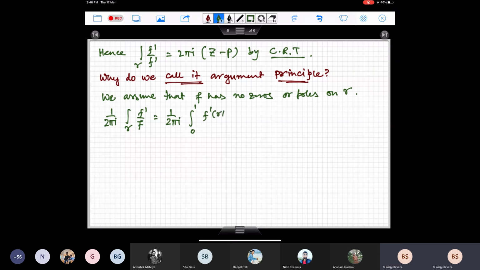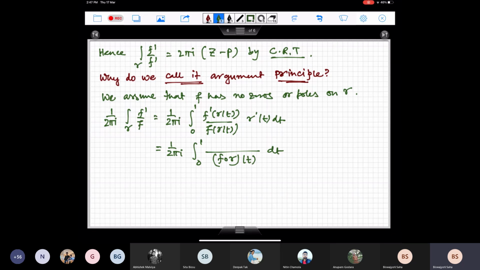The denominator is f composed with gamma of t dt, and the numerator is (f composed with gamma) prime of t. This is coming from the chain rule.